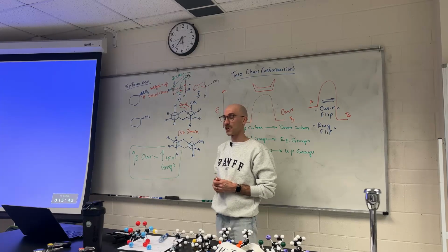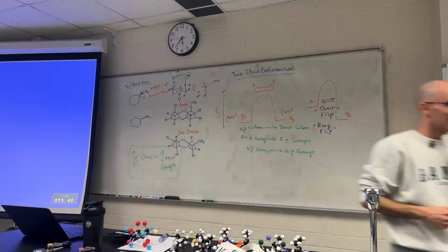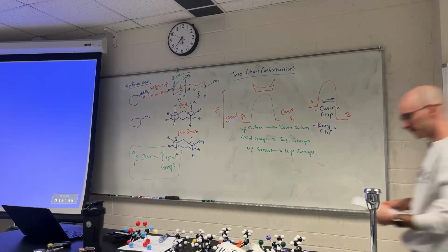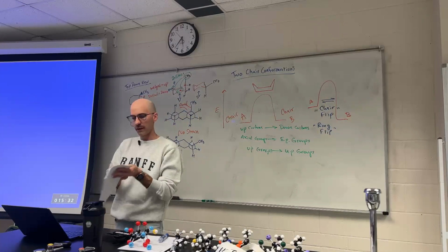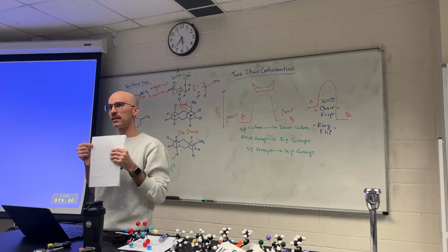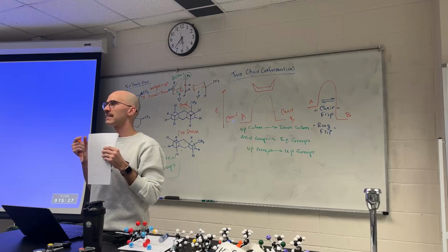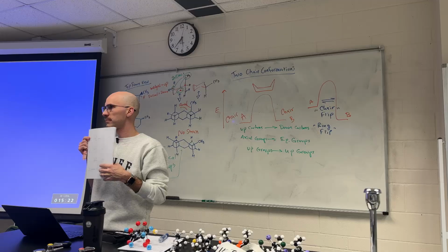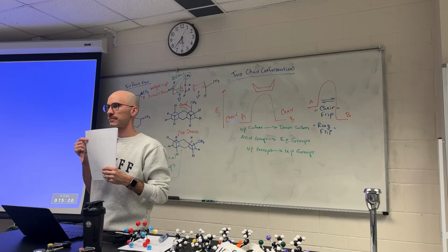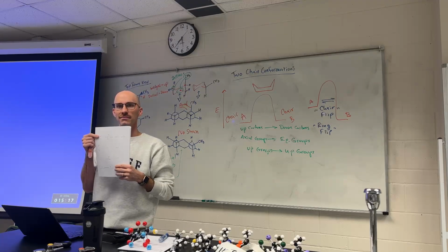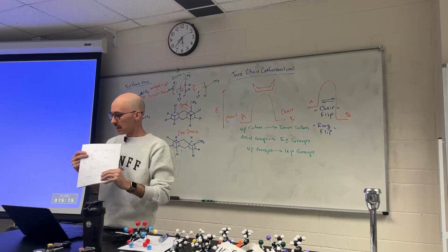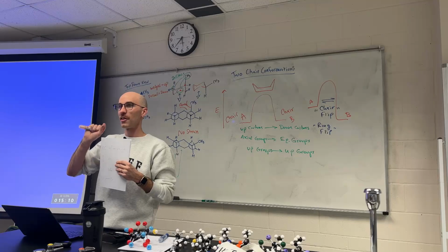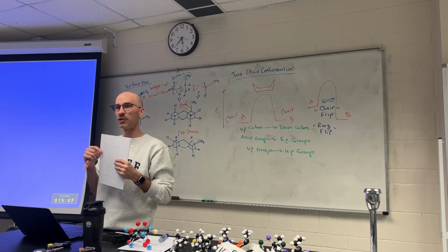Okay, exciting stuff. So I gave you guys a worksheet. There are three things to consider here. One, can you tell me whether this is a cis di-substituted ring or a trans di-substituted ring? This is trans. One group wedged, one group dashed. Now, it doesn't matter where you put them, but it does matter the relative placement of how you put them.